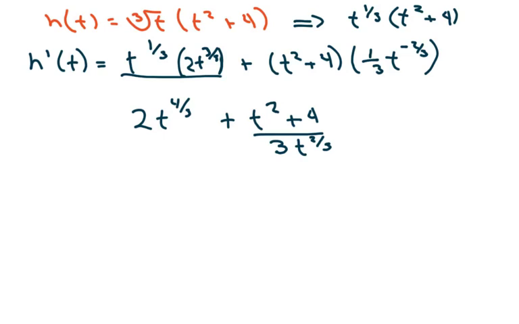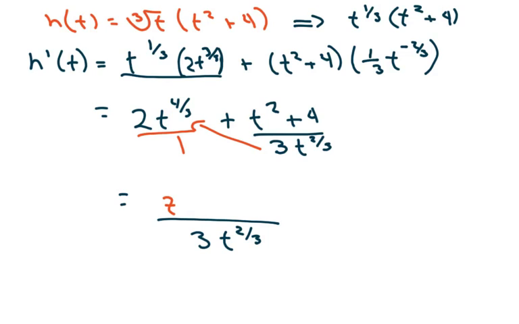Now, if we want to have the common denominator of 3t to the 2/3, then I merely have to multiply those two, and we're going to get 6t to the 6/3, which is t squared, because this would be t to the 4/3 times t to the 2/3.